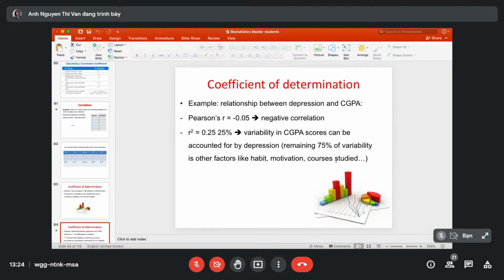So there are 2 points that you can talk about from the R value. The first point: the R is minus 0.05, less than 0, a negative value, so you can say there is a negative correlation between depression and the CGPA.